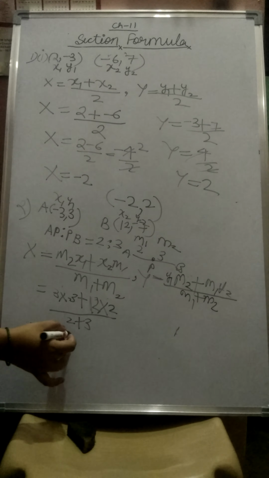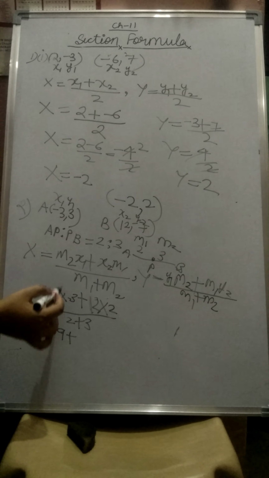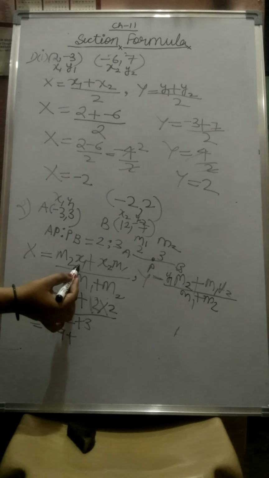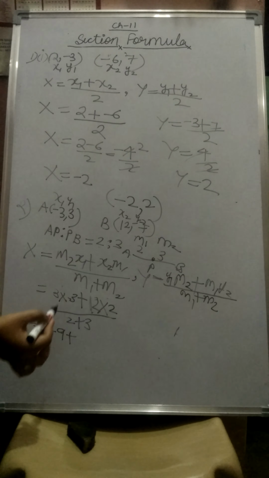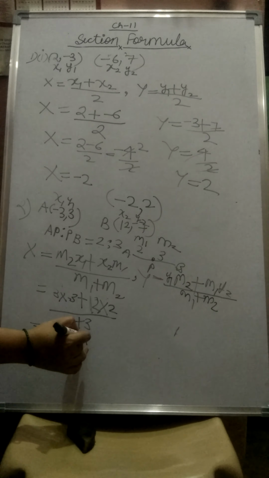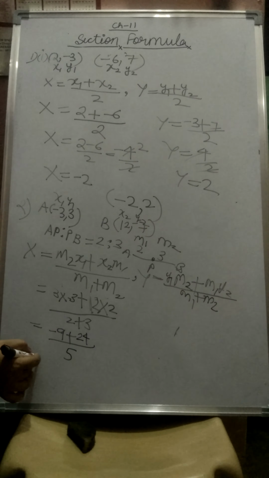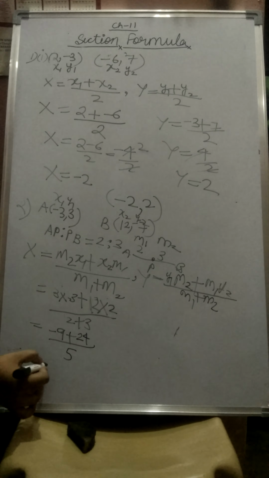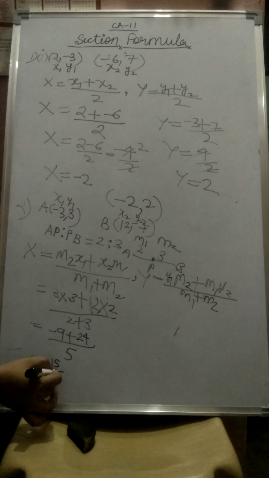This is minus 9, because m2 is 3 and x1 is minus 3. And 12 is the value of x2 and 2 is the value of m1, so this is 24, upon 5. By simplifying we have 15 by 5.